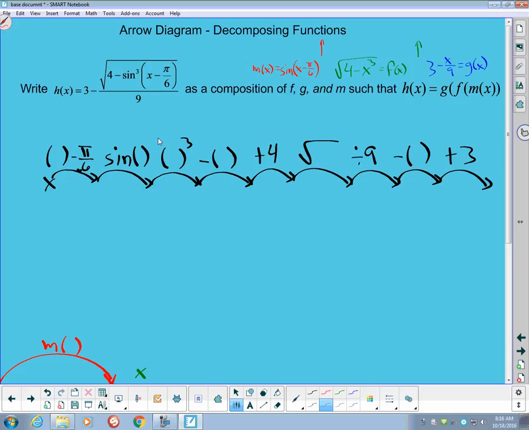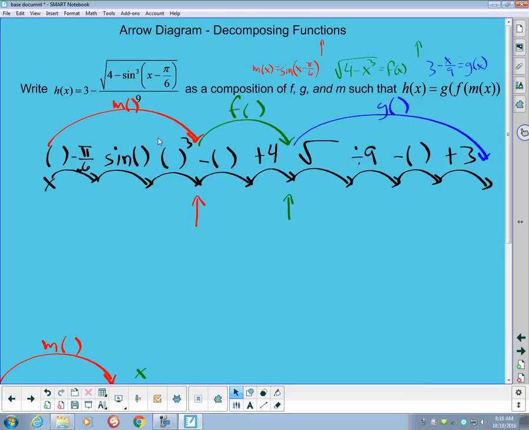So maybe I run the m function all the way to there, and then I'll throw in the next 2 arrows. So I'll make m this function represented by those 3 arrows this time, and I'll make my next function on the inside, which is the f, represented by those, and then I'll throw the last 4 arrows together and make that g.